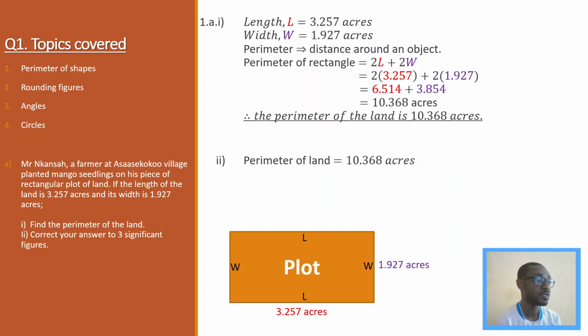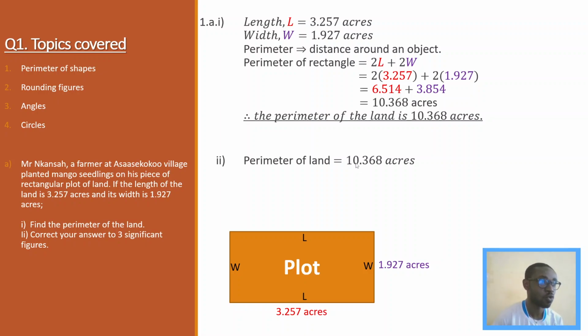Significant, one of the synonyms for significant is important. So 3 important figures. Now look at the figure that we have here, 10.368. If I was to tell you what is the most important figure in this figure, you're going to tell me that it is this one here, because that is the one that has the greatest value. The one here stands for 10. When we are doing our tens and ones, you remember that the one here stands for 10.